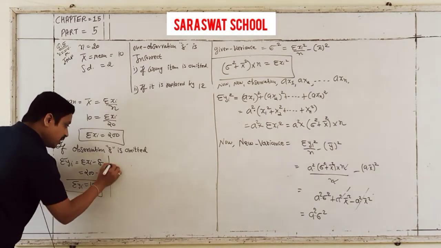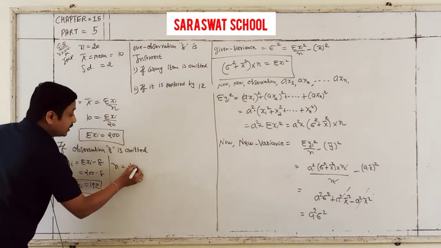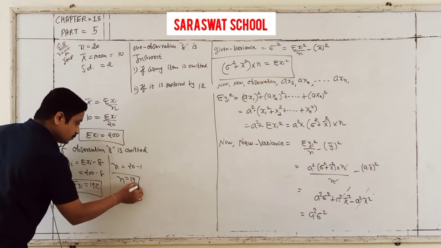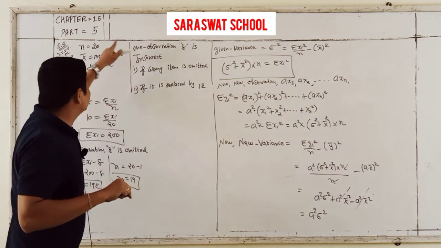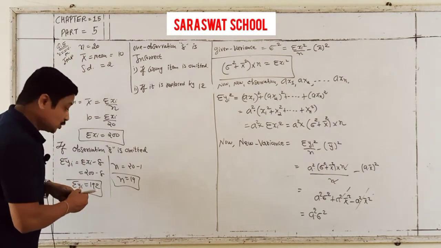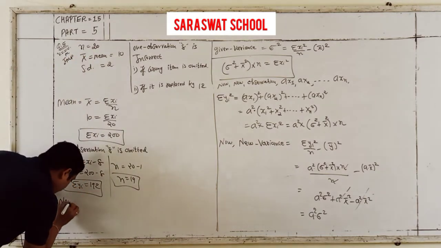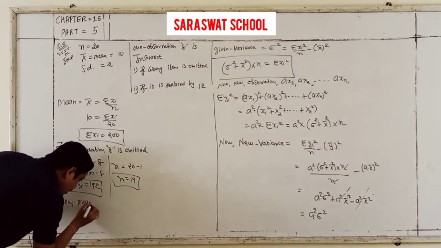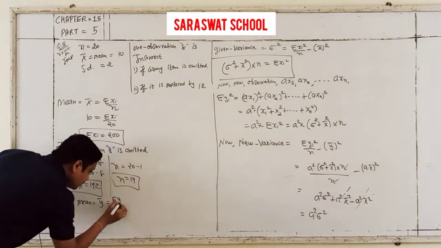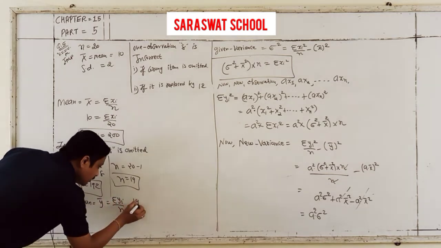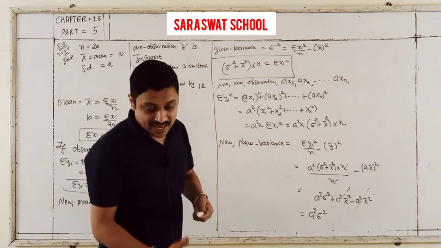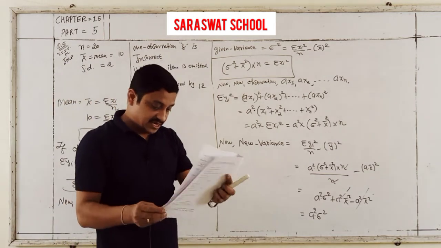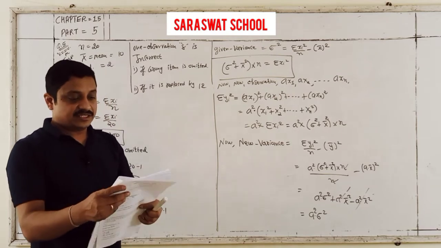And also n you delete, 20 minus 1, which is 19, because one observation is deleted from the 20. So new mean is sigma yi by n, which is 192 by 19, which is 10.1. Yes, approximately, and exactly you will find it is 10.1.